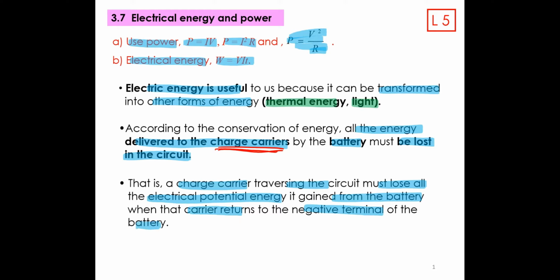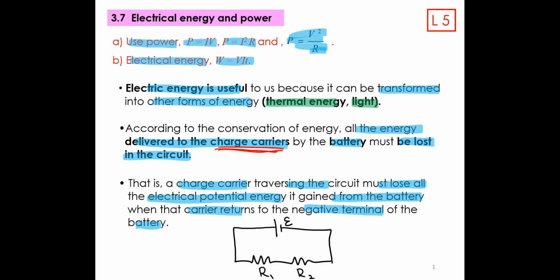Like this, I will draw it for you. This is your battery connected through two resistors right here. You have R1, you have R2, and this is your battery. I label it with the EMF.